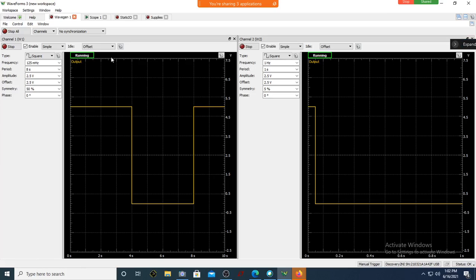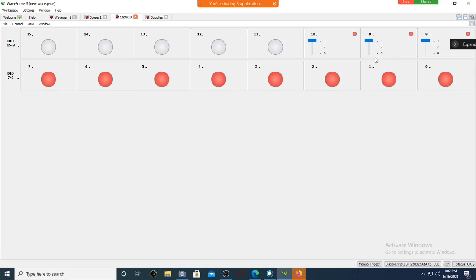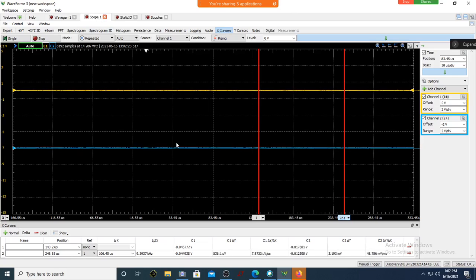If I do it so, what happens? Let me just run it. Let me go to static IO, and then back to the scope. Can I make this in terms of seconds?